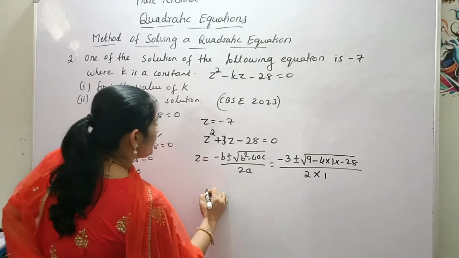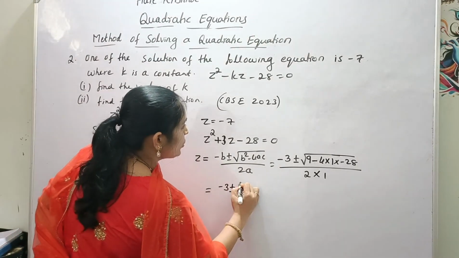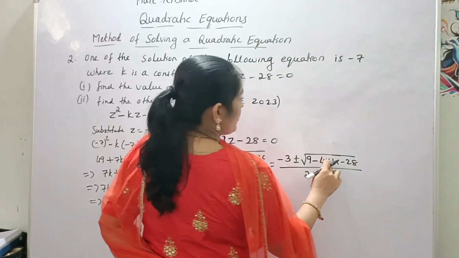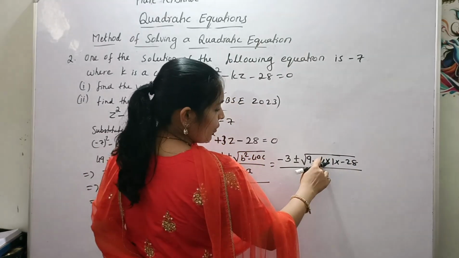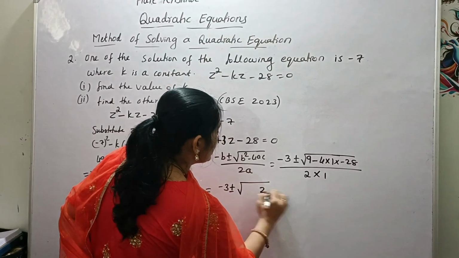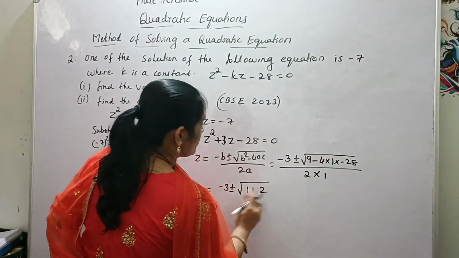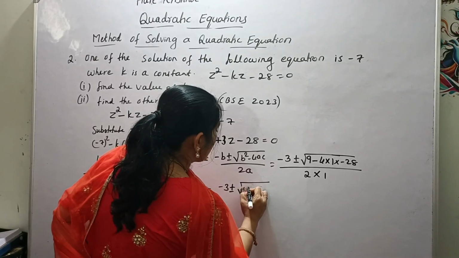That is equal to −3 plus or minus root of 9 plus, 4 into 1 is 4, 4 into 28, 4 eights are 32, 4 twos are 8, 8 and 3 is 11, that is 112.